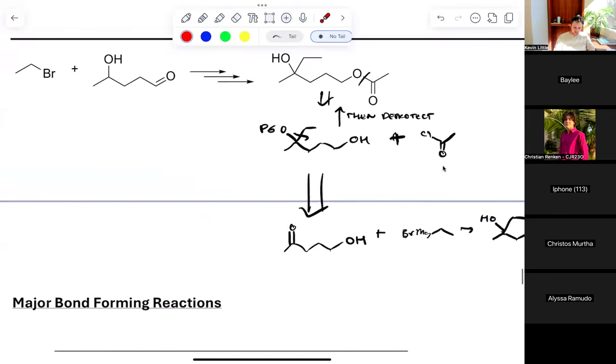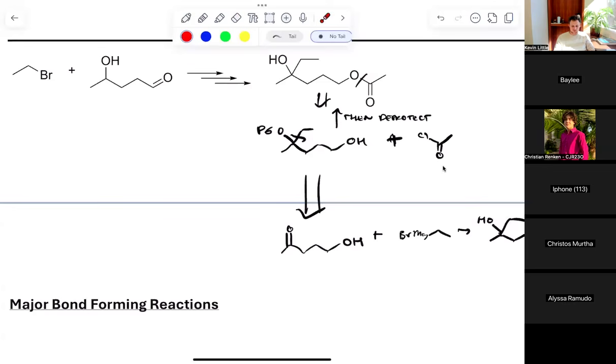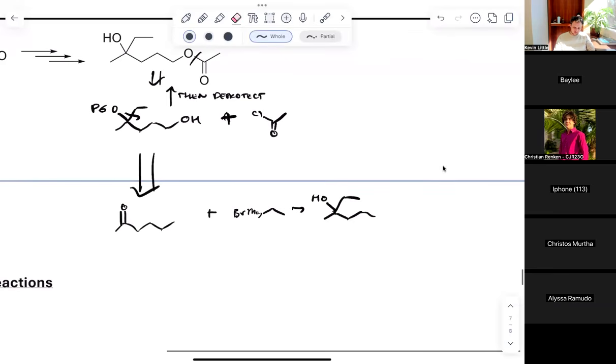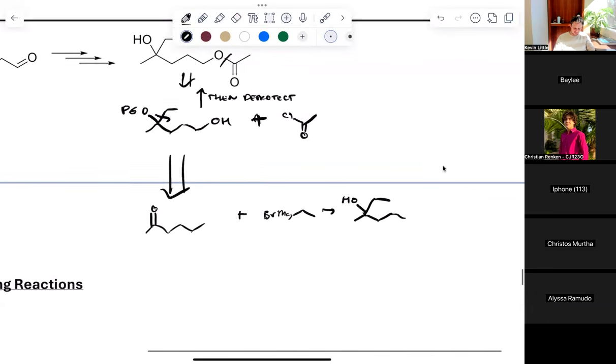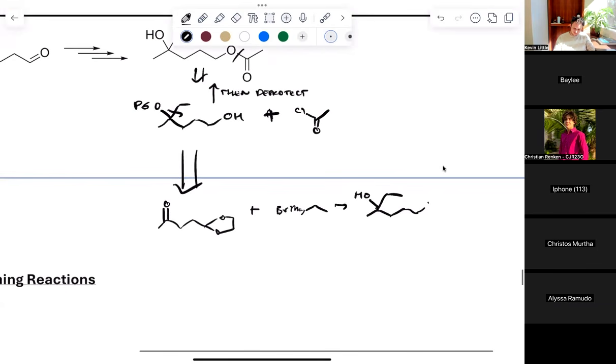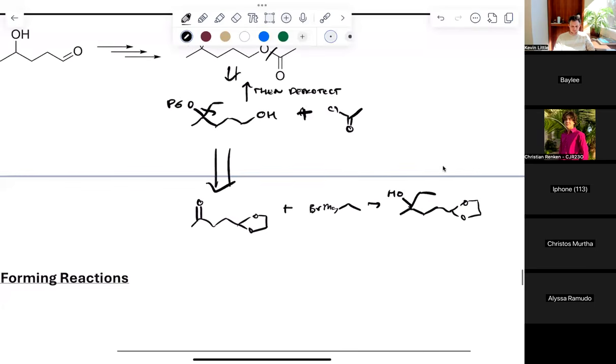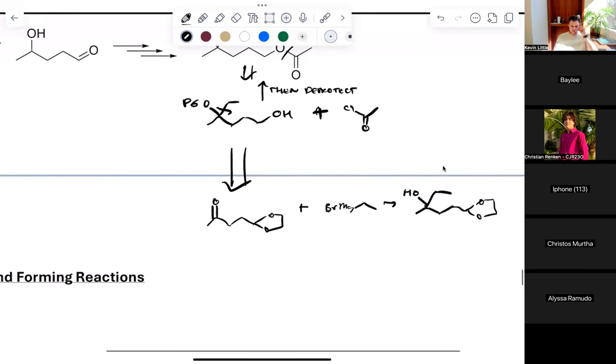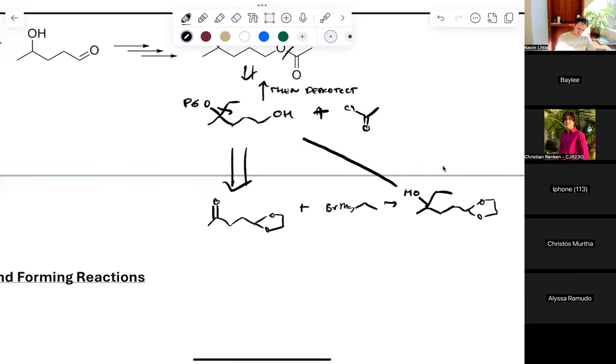So I'm going to look back, and I noticed that I had a carbonyl here to start with. So maybe instead of having an alcohol here, it would have been better to have a protected aldehyde, a protected carbonyl. That would get rid of a lot of problems. Because now I can say, one, I'm going to protect my alcohol.